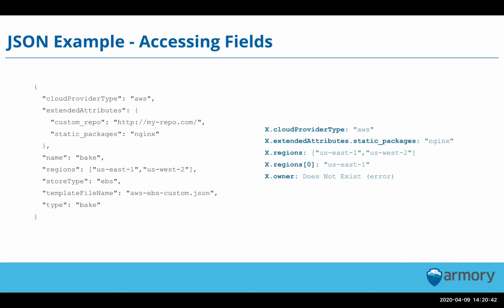So maybe you're accessing a string and expecting it to be a number, or you're accessing a Boolean and expecting it to be a string, or you're accessing a field and it doesn't exist. Those are pretty common things that you'll see when you're working with SpEL, Spring Expression Language, and Spinnaker.